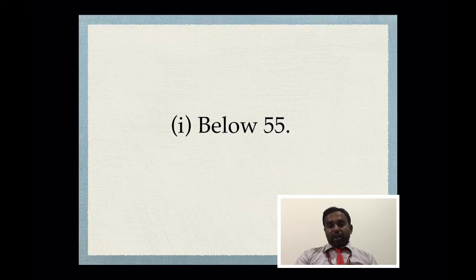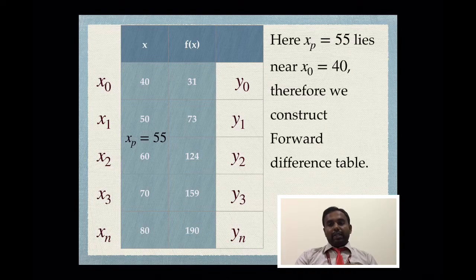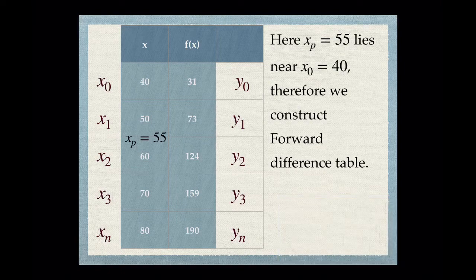If that is the case, in our table we can observe that our new xp is 55. It is equally distributed, first of all, and xp is 55, which lies near x naught, which is 40.